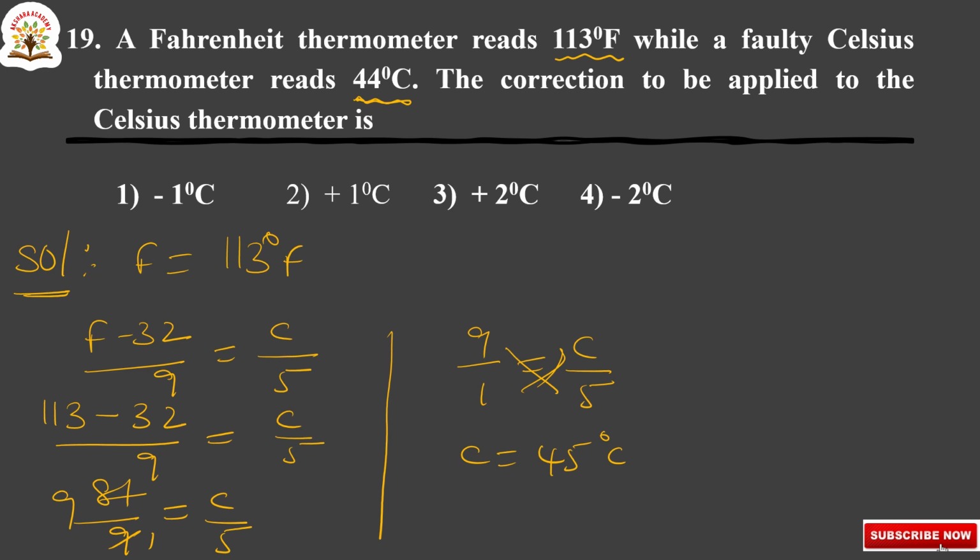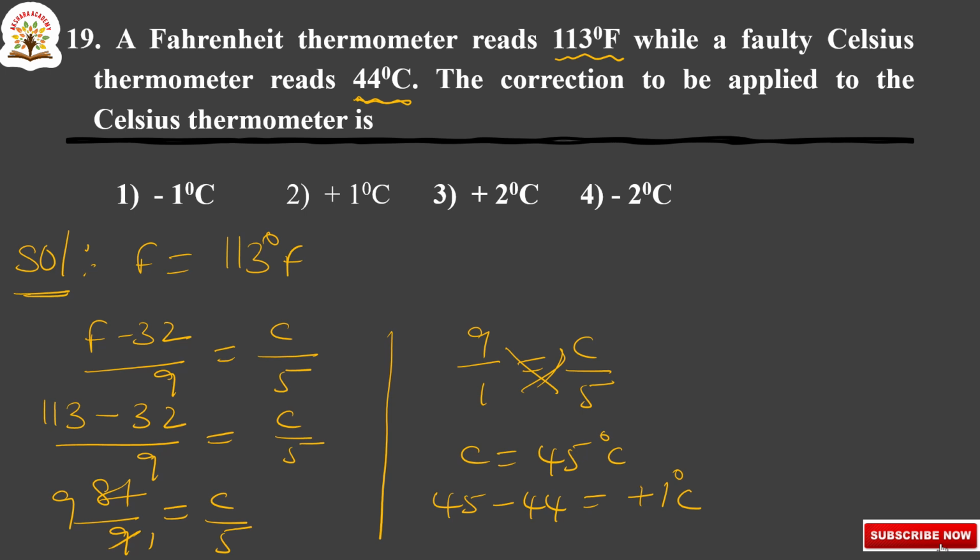So the correct reading is 45 degrees. Here the faulty Celsius thermometer reads, they given, 44 degrees. So 45 minus 44 gives plus 1 degree centigrade.